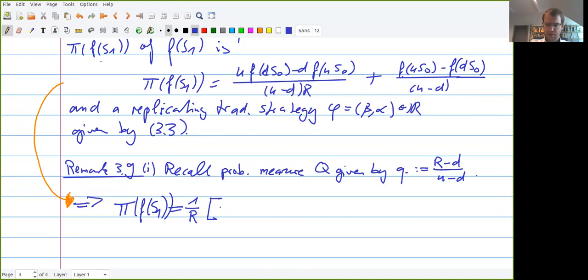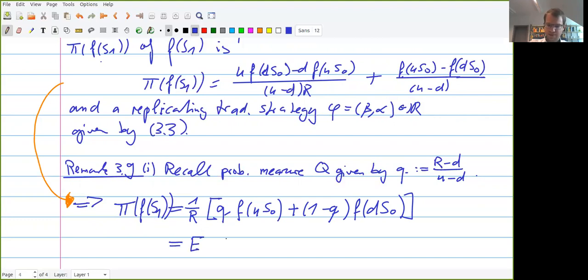Now we plug in the definition of Q. So we get Q times F of the price going up, plus 1 minus Q. We put together the terms for the price process going down. Right? So that's it. And now this is a much nicer formula.